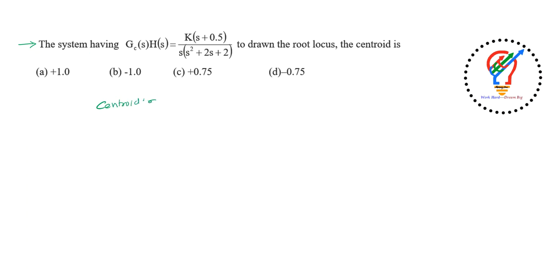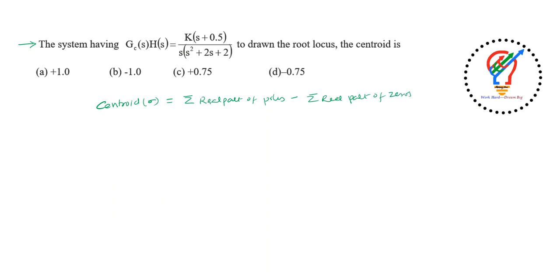The centroid sigma is equal to the sum of the real parts of the poles minus the sum of the real parts of the zeros, divided by the number of poles minus the number of zeros.